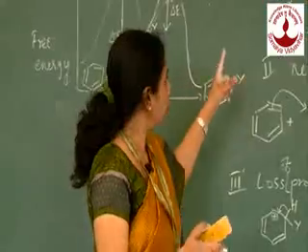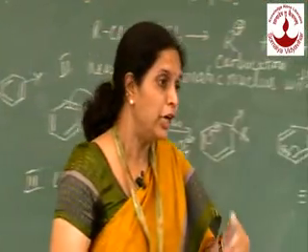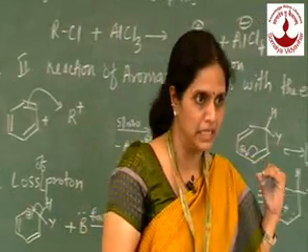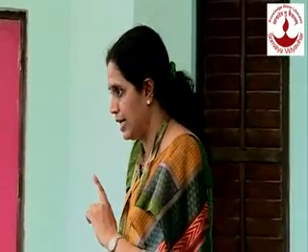So although this Friedel-Crafts reaction is wonderful in the sense that you can introduce a variety of alkyl groups onto the benzene ring, it has its own limitations. Like the first one I discussed was polyalkylation. The second thing is that if I react the benzene with chlorobenzene in presence of anhydrous AlCl3, I will not get biphenyl.